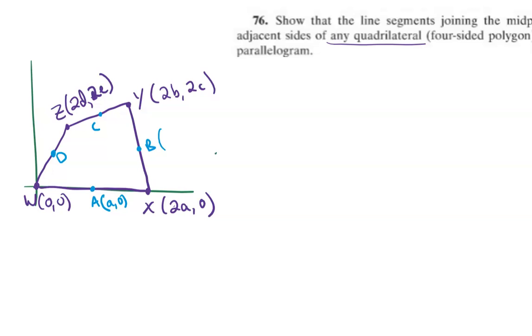Halfway between 2A, comma 0, and 2B, comma 2C. 2A plus 2B all divided by 2 just gives me A plus B, and then 2C plus 0 divided by 2 is C. So again, we're just halving the sums. The next midpoint is B plus D.